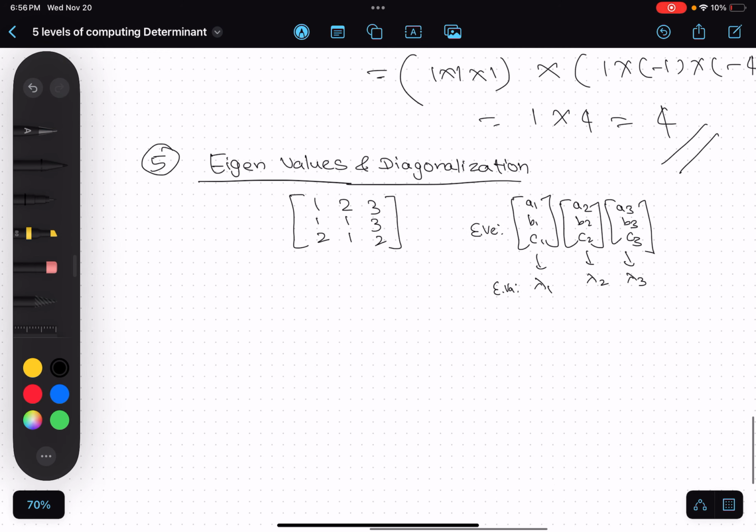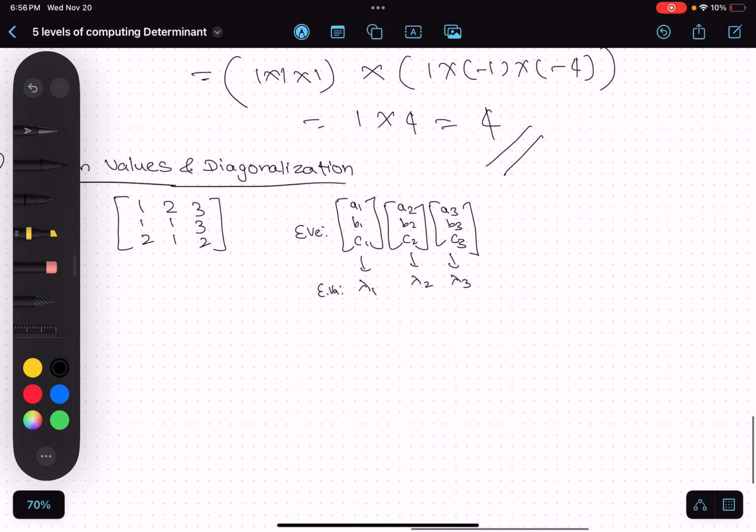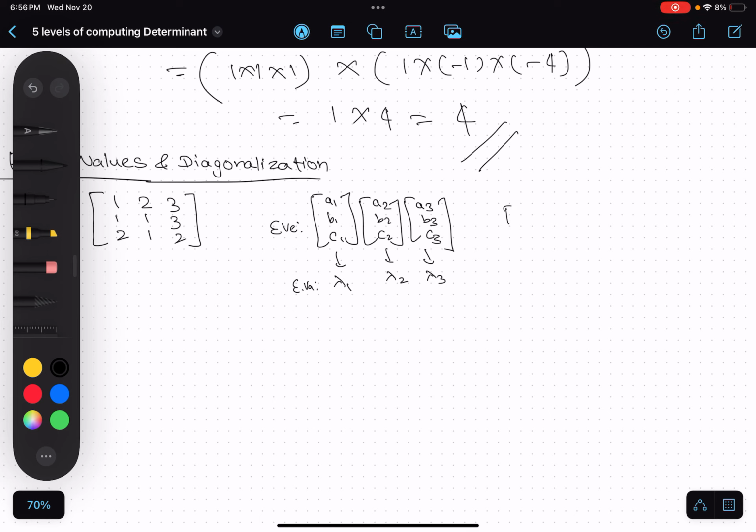Now if you know this fact, you might also know that we denote the matrix of eigenvectors by P, right? So P will just be a1 b1 c1, a2 b2 c2, a3 b3 c3, and we denote the matrix of eigenvalues by D. D refers to a diagonal matrix, and the reason it's called diagonal is that only diagonal elements will be there in this matrix, the rest of them will be 0.